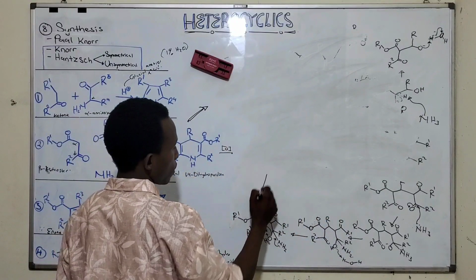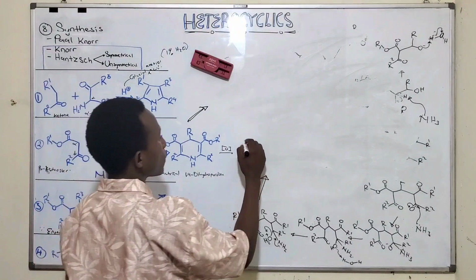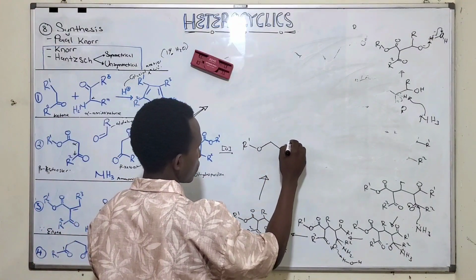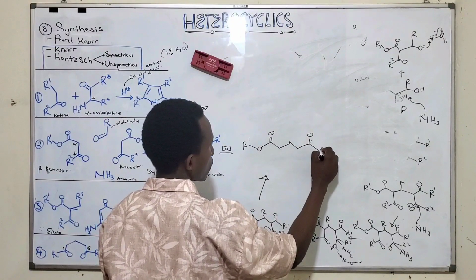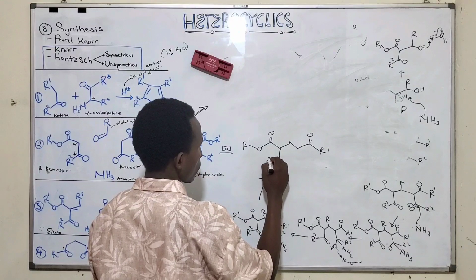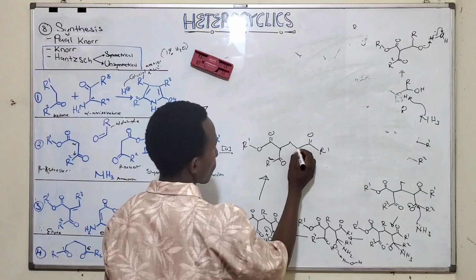So from here, we're having R1 and R1, then R2 with an oxygen, this one.